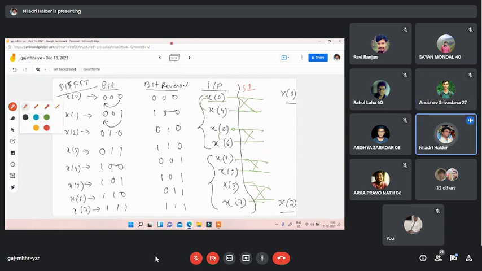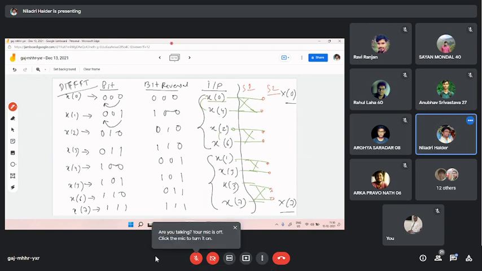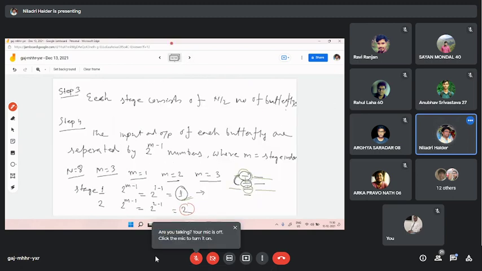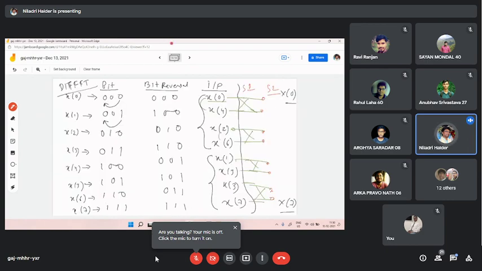Now after stage 1, whenever you do stage 2, these are the inputs for stage 2. Clear? So for stage 2, bit separation will be 2. That means whenever you draw the butterfly for stage 2, that will be your first bit for the first butterfly, and the second bit will be by separation of 2, 1, 2.